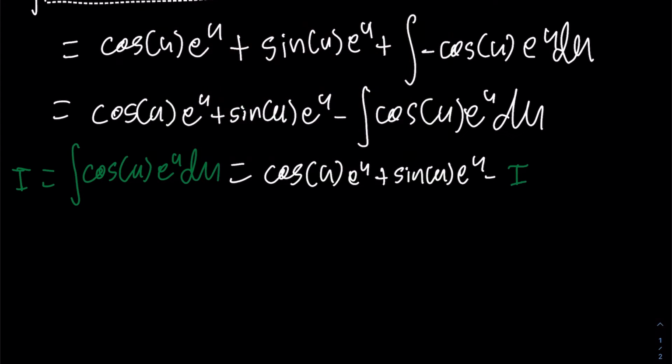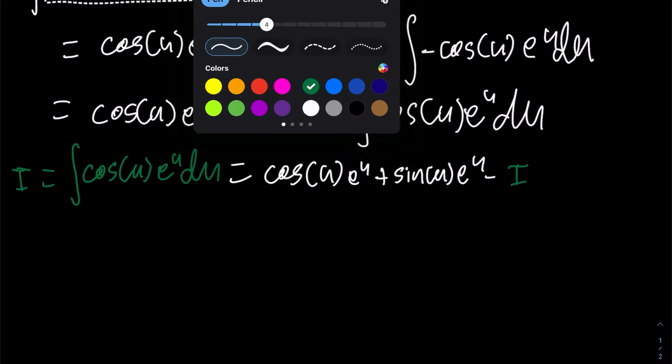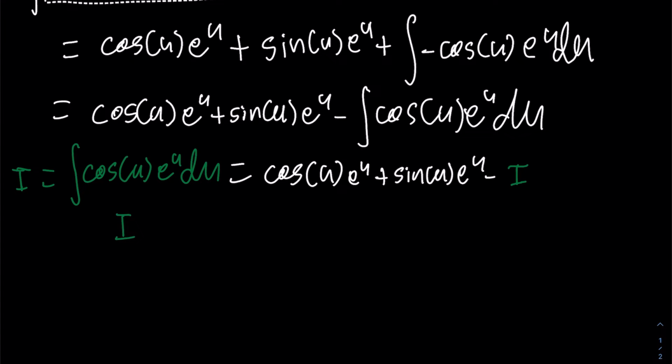Now we can treat this as a regular equation that we can solve for. So what we have is I is equal to something which happens to be e to the u.